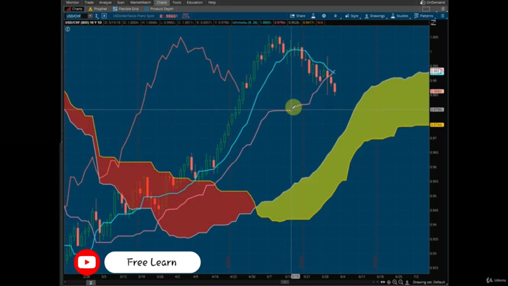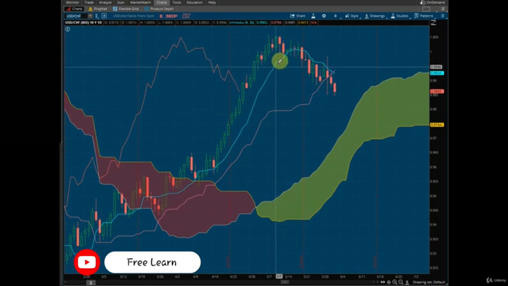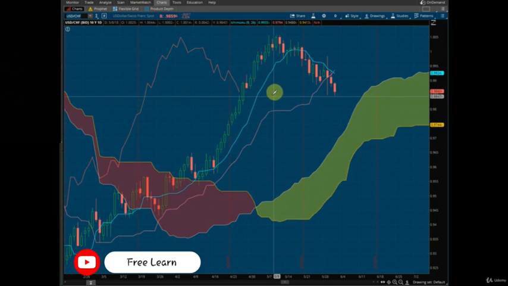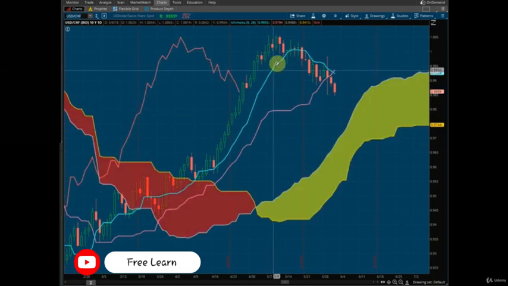That means over the past 26 periods, there is not a new high or new low, but over the past 9, there is. So you can see that this flattens out before this starts to reverse. Once again, this is Kijun Sen, a 26-period rolling mid-price. It is not a moving average, it's a mid-price.